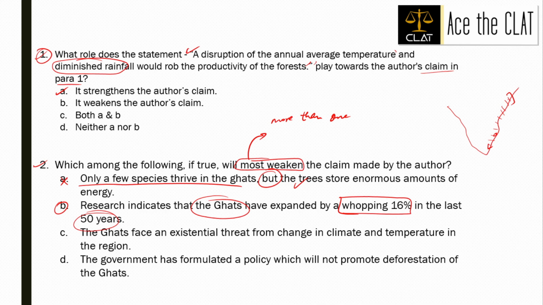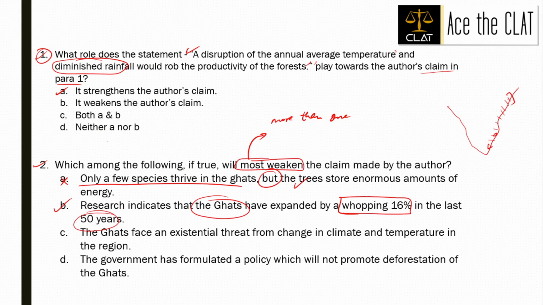Understand? Which means this option clearly attacks the premise of the author, right? So this option clearly is the winner again. Option number B is the correct option.